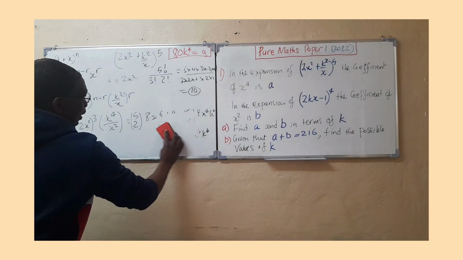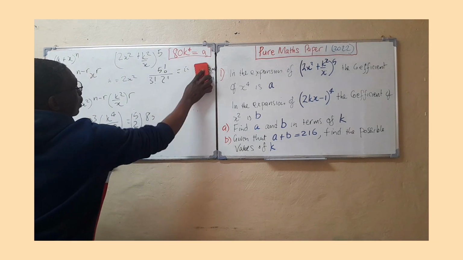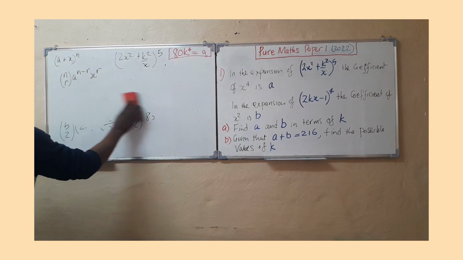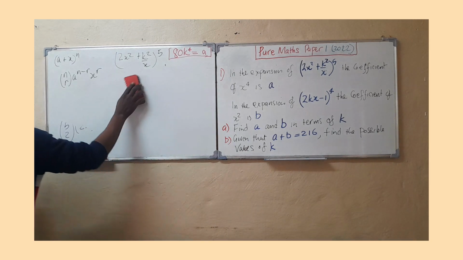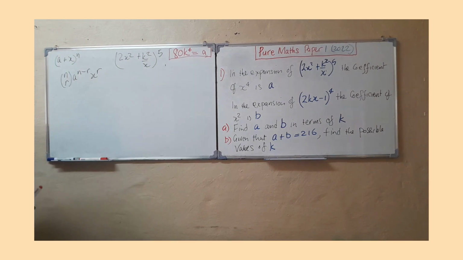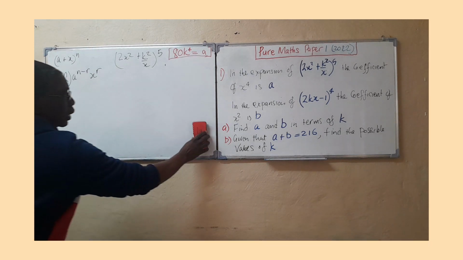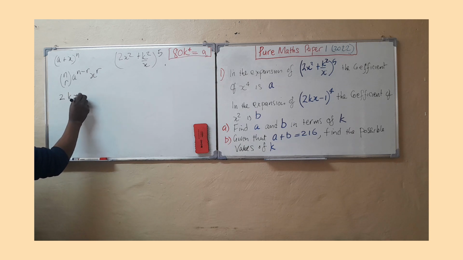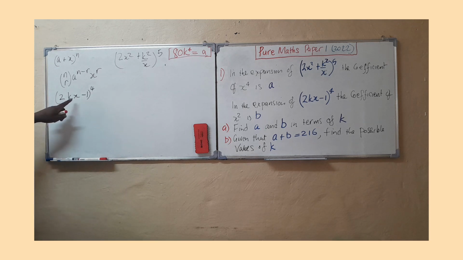Let's handle the second one. We want to expand our (2kx − 1) to the power 4. Again, our a will be this, and our x will be −1.